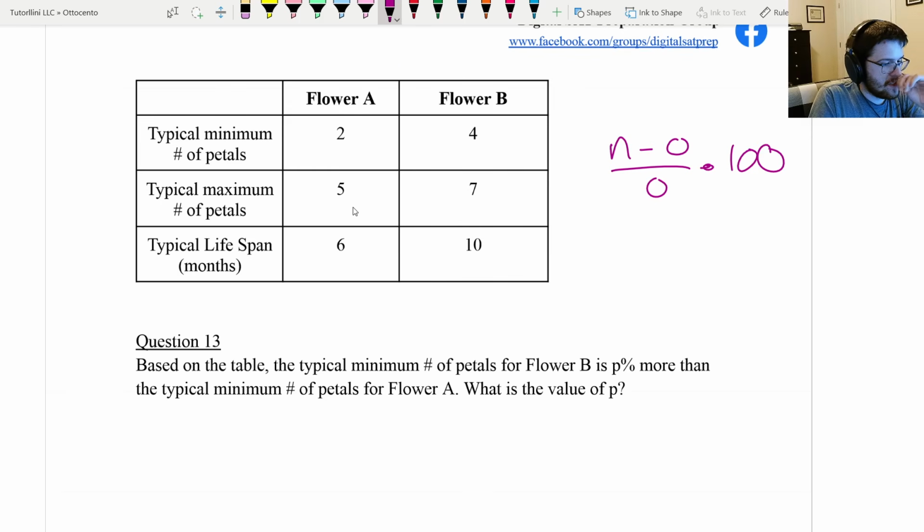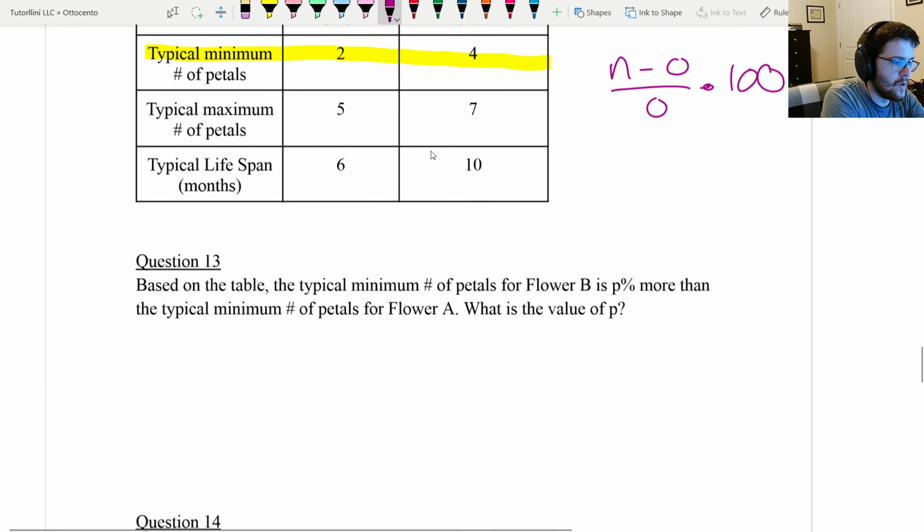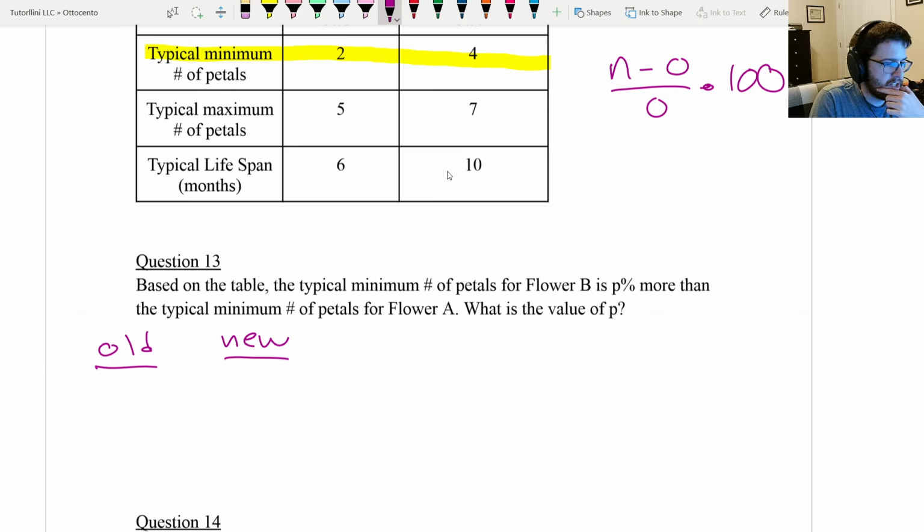So based on the table, the typical minimum number of petals for flower B. Okay, so we're looking at the minimum, and it says more. Okay, so the bigger number should go on the right side of my table.